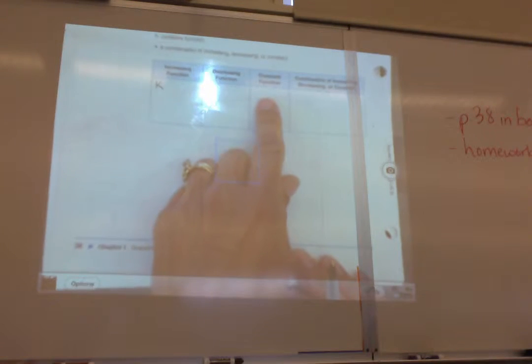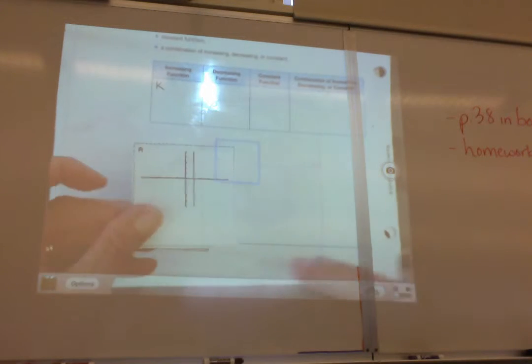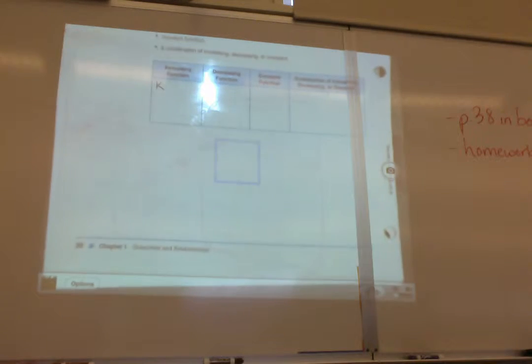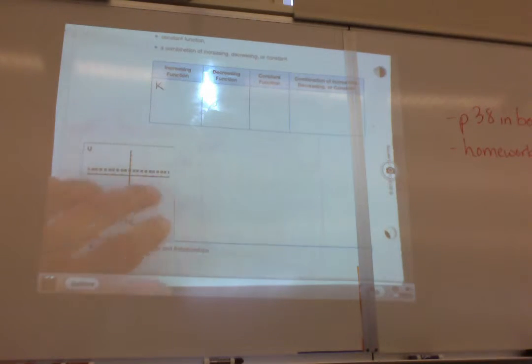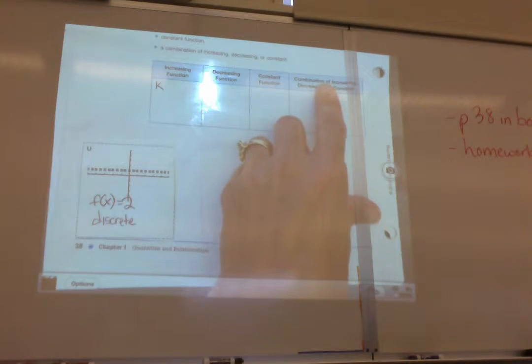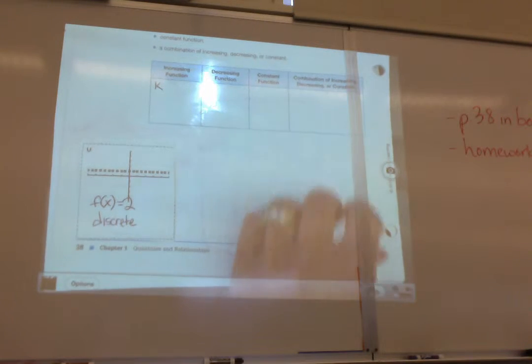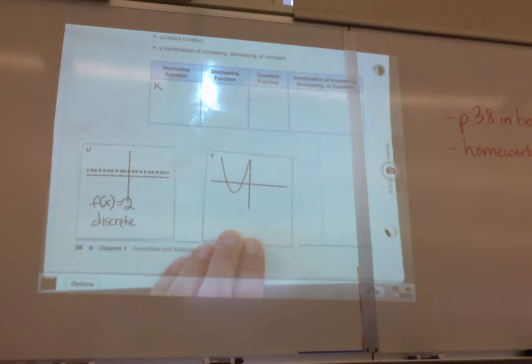Notice there are constant functions as a choice. U is an example of a constant function, and then there are combo functions. T is a combo function. Part of the time it goes down, and then it changes direction and goes back up.